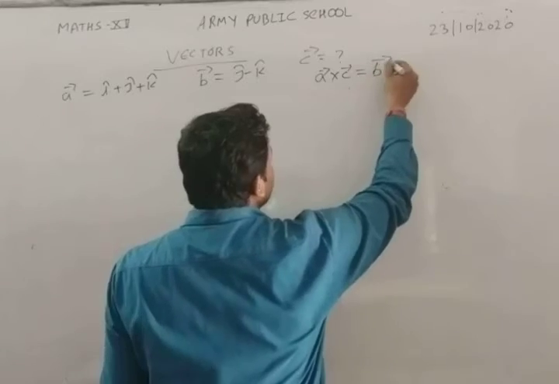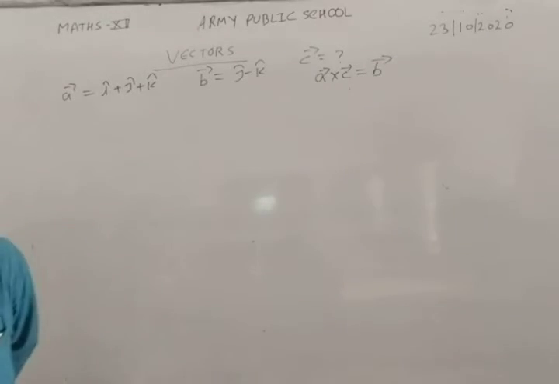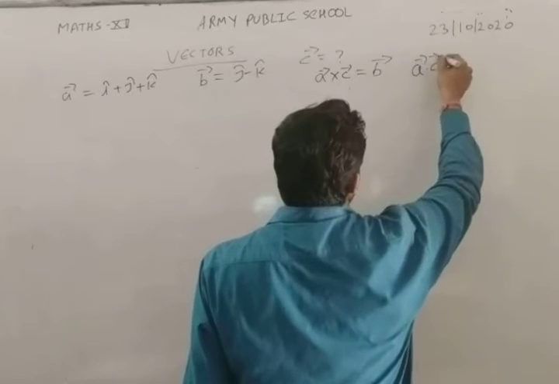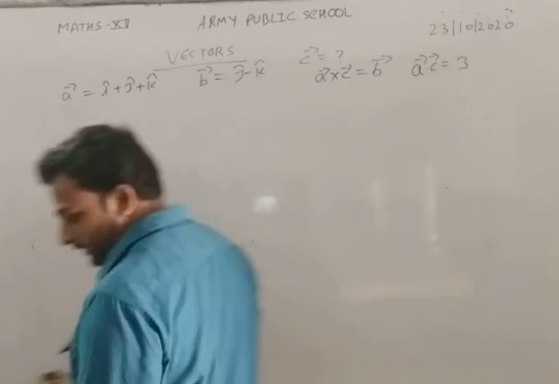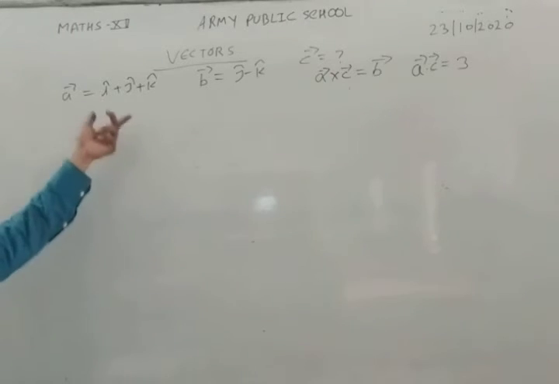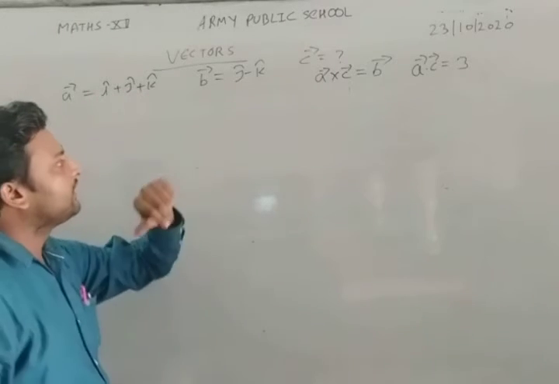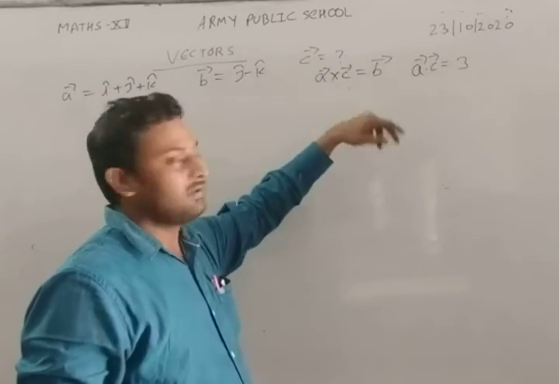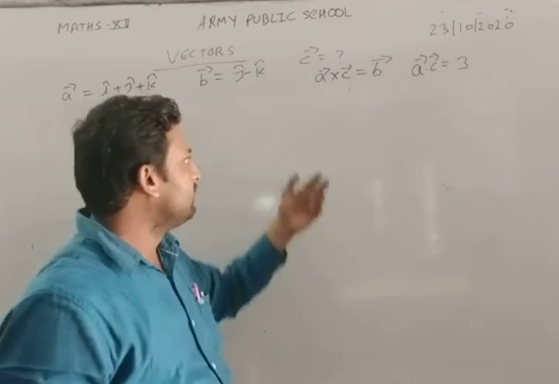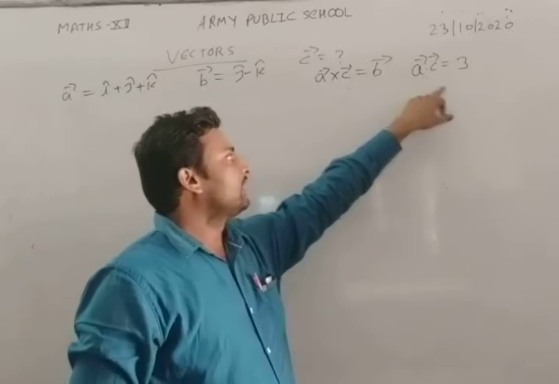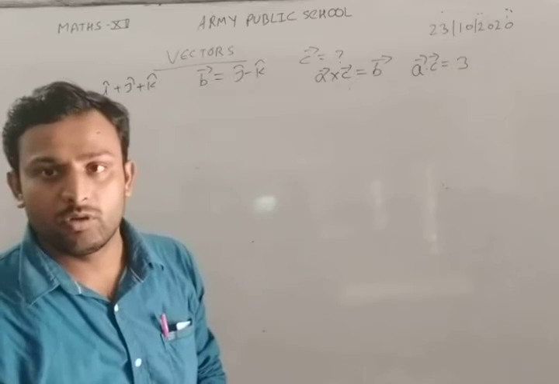and A dot C is equal to 3. Okay? We are given vector A and vector B, and we have to find the vector C. What will be vector C, in which A cross C is equal to B and A dot C is equal to 3?